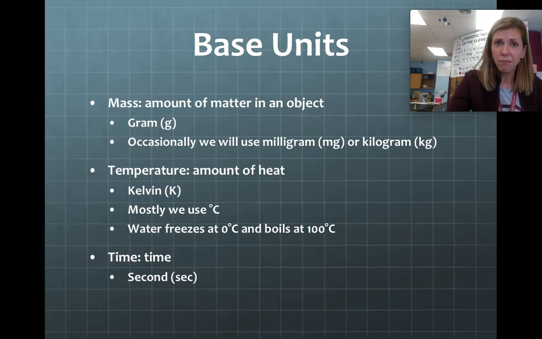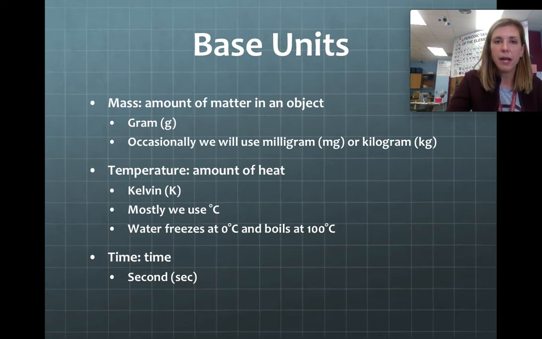Temperature is the amount of average kinetic energy between the particles, and our base unit is Kelvin, though we don't have any thermometers that measure Kelvin, so we'll be using Celsius and then converting it to Kelvin when we need to, and that's a very simple conversion of adding 273. Remember that water freezes at 0 degrees Celsius and boils at 100 degrees Celsius. We will not be using Fahrenheit at all in this course.